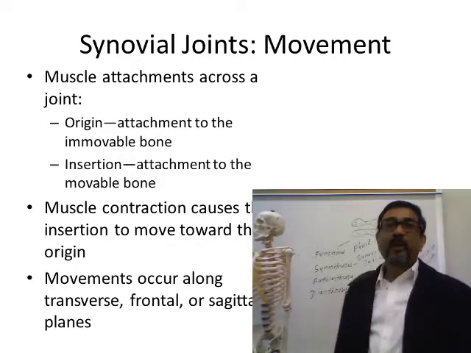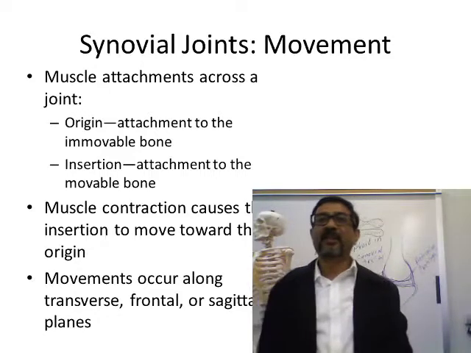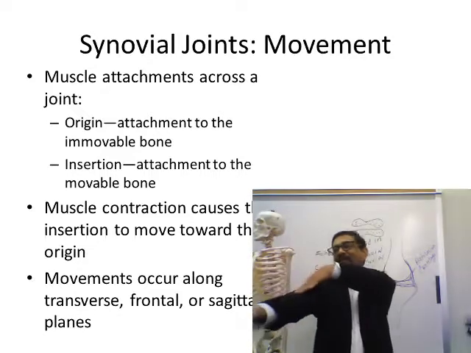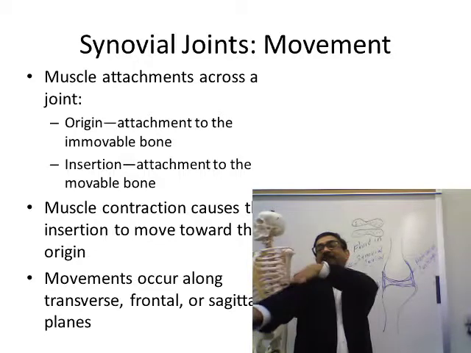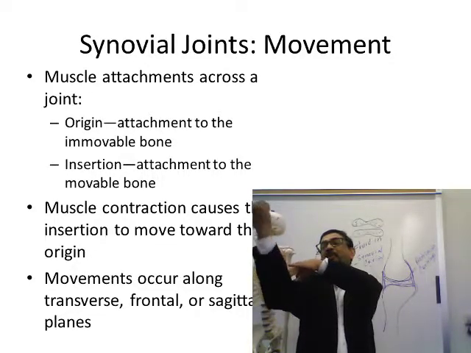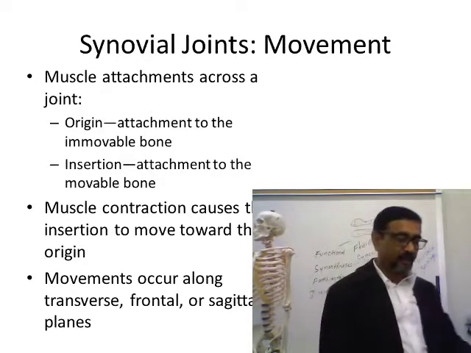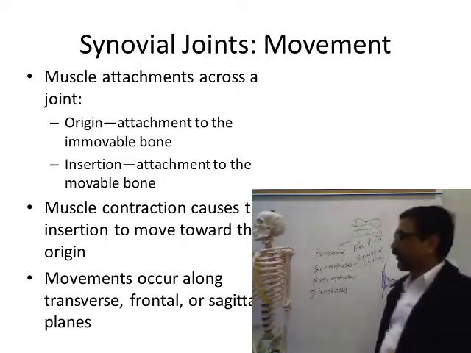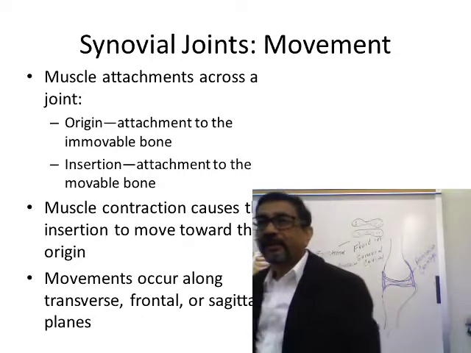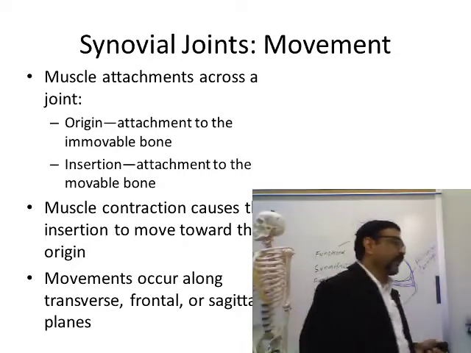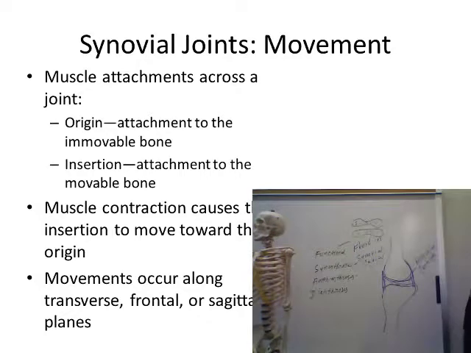And when we contract the muscle, you see here again, the origin is fixed. What happens? The insertion, this end, comes close to the origin. So the insertion moves towards the origin. Now movement can occur in different planes.